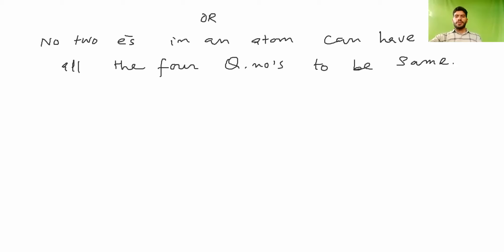For example, if I'm just talking of helium, in case of helium, I'm having atomic number 2. So that means it has 2 electrons, right? Let us write the quantum numbers for the first one of the electrons. So n value will be 1.